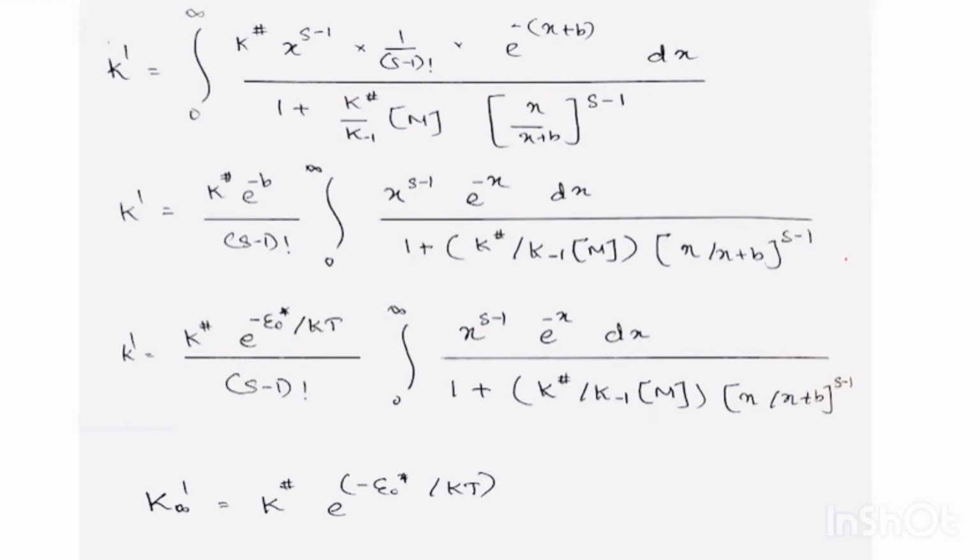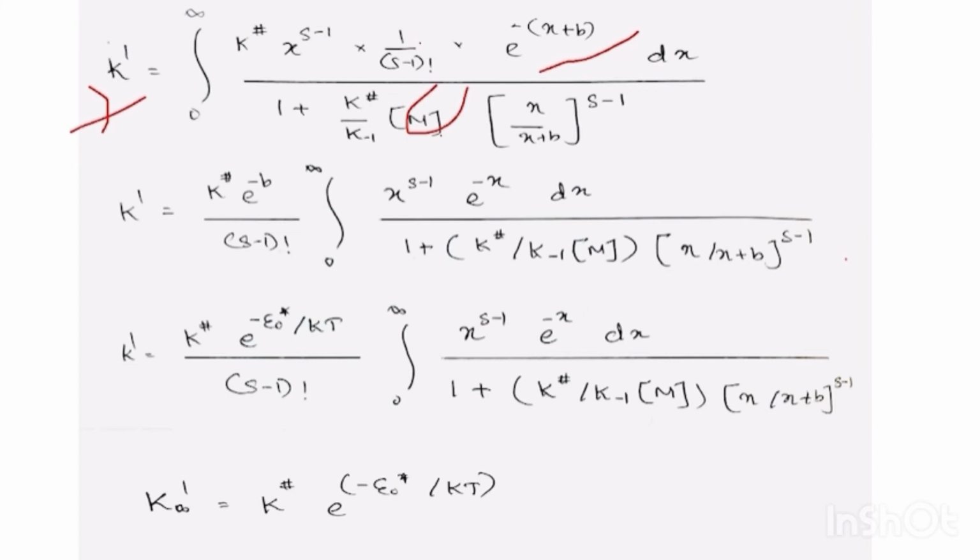That is, k dash is equal to the integral from 0 to infinity of k double dash x raised to s minus 1 into 1 by (s minus 1) factorial into e raised to minus (x plus b) dx, divided by 1 plus k double dash by k minus 1 into concentration of M into (x by (x plus b)) raised to s minus 1. Now we are going to solve this integration.